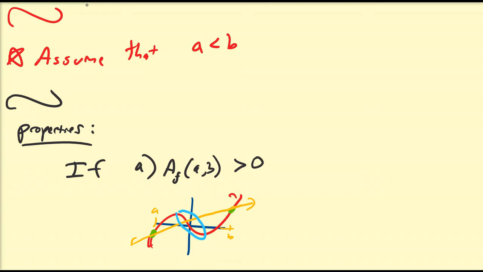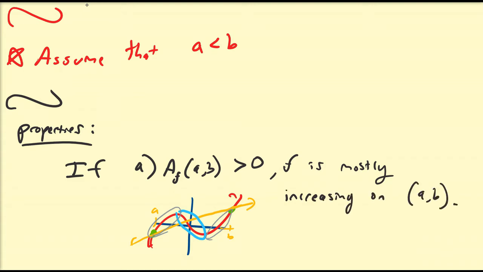But we have 2 intervals here, namely this region and this region, for which it is actually increasing. If you look at the percentage of increasing versus decreasing, you'll realize that this function is more increasing than decreasing on this interval. And that's what this average rate of change represents. So if the average rate of change of a function is positive, then f is mostly or dominantly increasing on the interval a comma b.